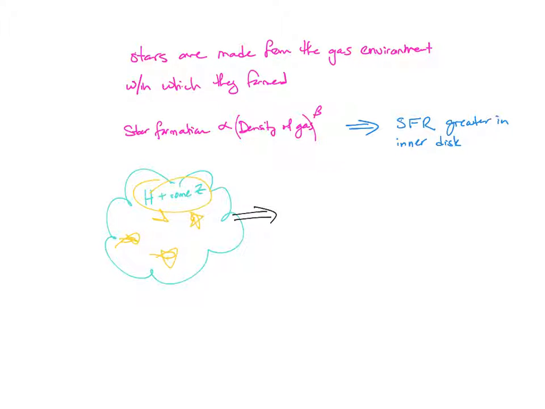Those stars then die. But before they die, in their insides, they fuse elements. They fuse hydrogen into helium, helium into carbon, nitrogen, oxygen, silicon, iron, right?